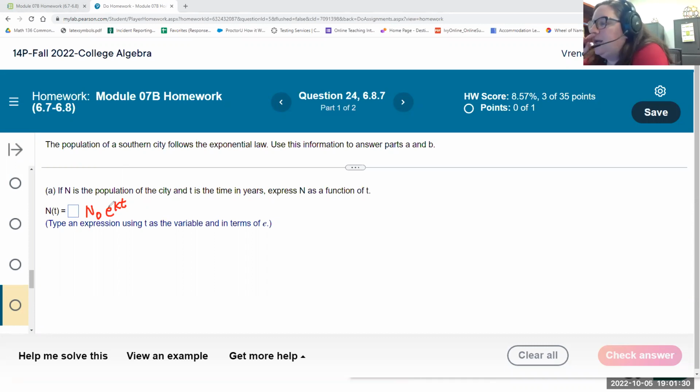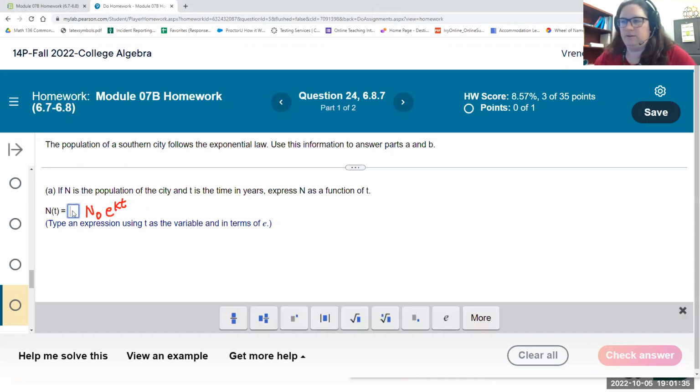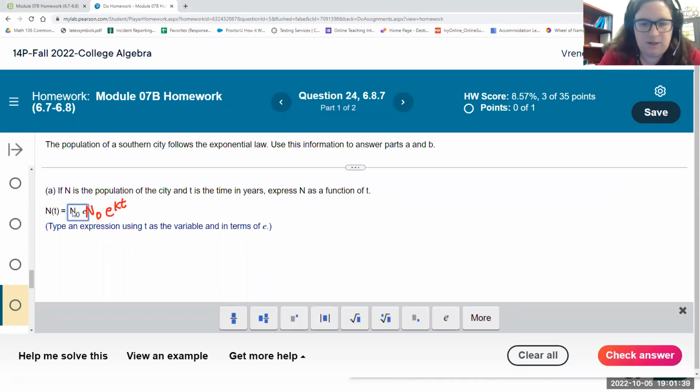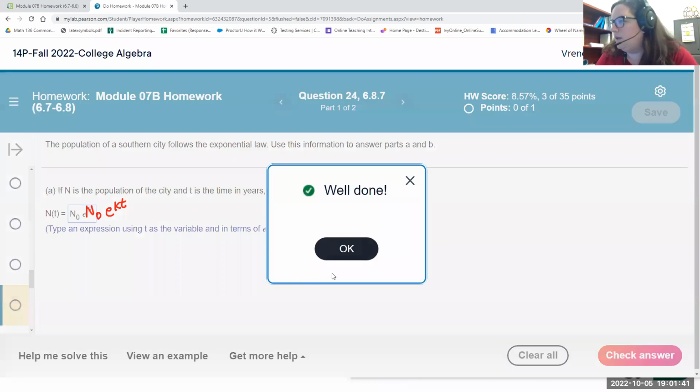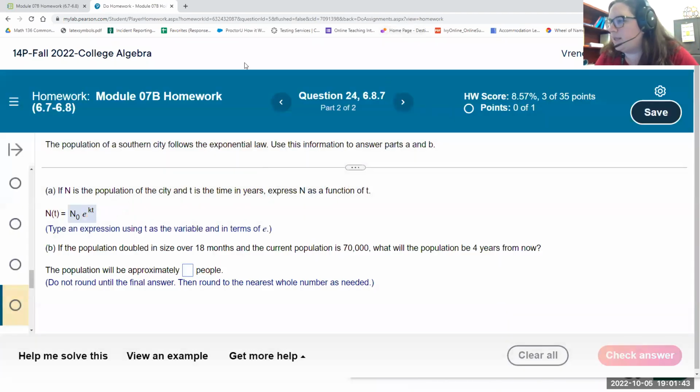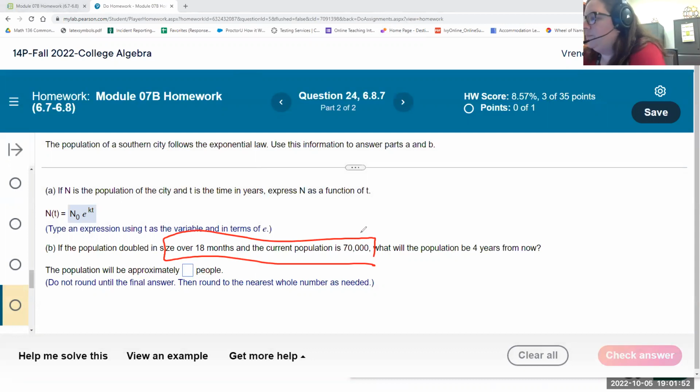You really just have to figure out what e to the k is. So this is n sub 0 e to the kt. Then they give this information. The population doubled in size over 18 months, and the current population is 70,000. So I use that information first to come up with the formula.